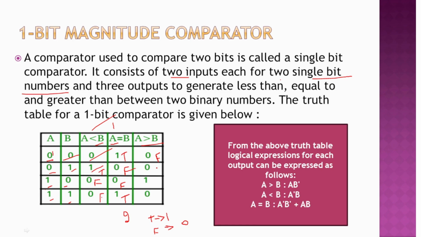This condition is also false and you fill 0. Third, A is equal to 1, B is equal to 0. Here A is greater than B, the condition is true, so fill 1. A is equal to 1, B is equal to 1, the condition is false, so fill 0.